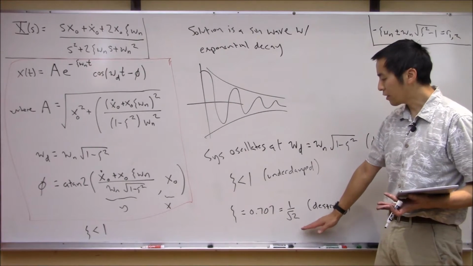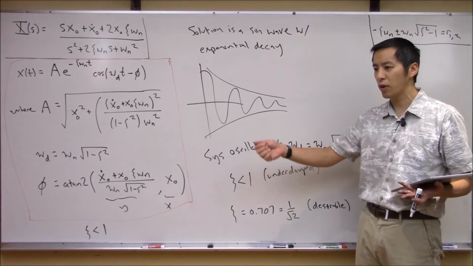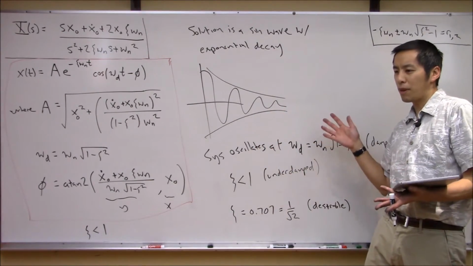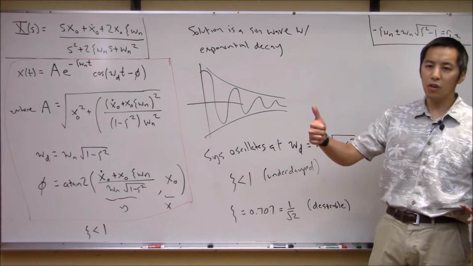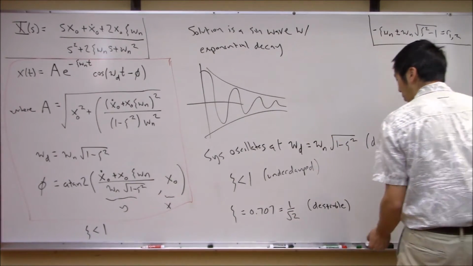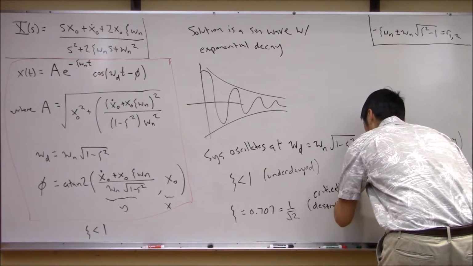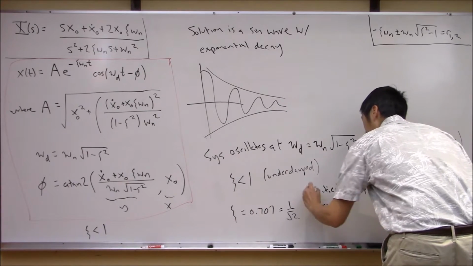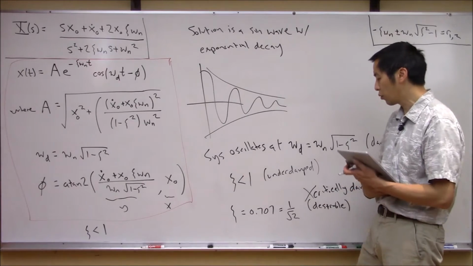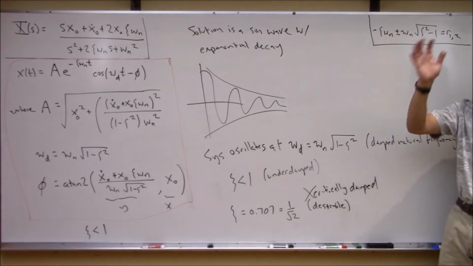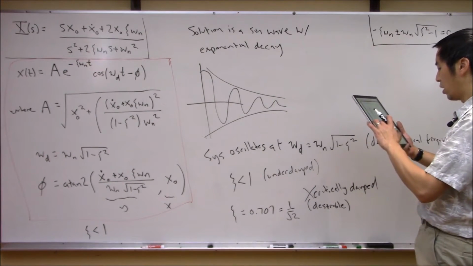If you can make your damping ratio about 0.707 by tuning the springs or the dampers or the length of the pendulum or whatever, they give you a thumbs up and say that's great. Some people confusingly call this critically damped. I don't like this notation because I like to think of critically damped as a damping ratio of exactly 1. But whoever you're talking to, just make sure we're all on the same page.